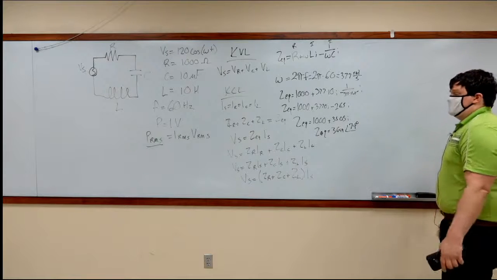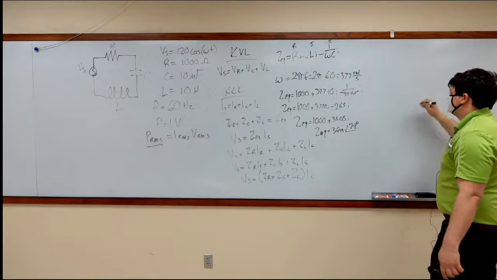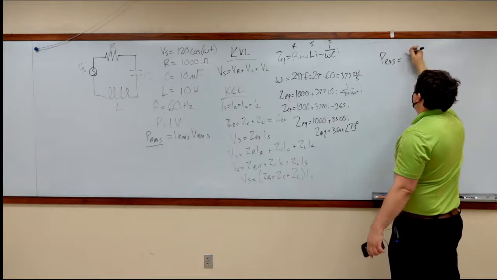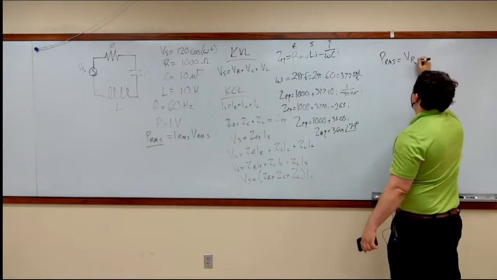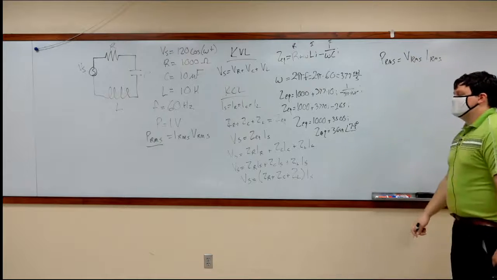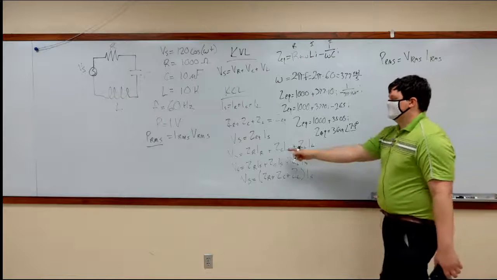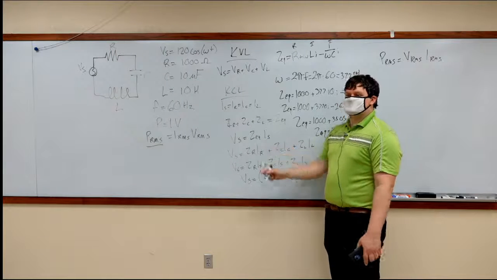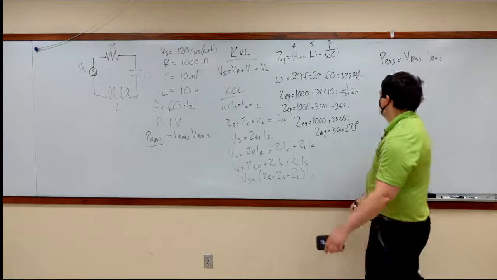So, our final equation here is P RMS is equal to V RMS I RMS. Well, guess what? We have a relationship between V and I. It just uses our complex impedance.